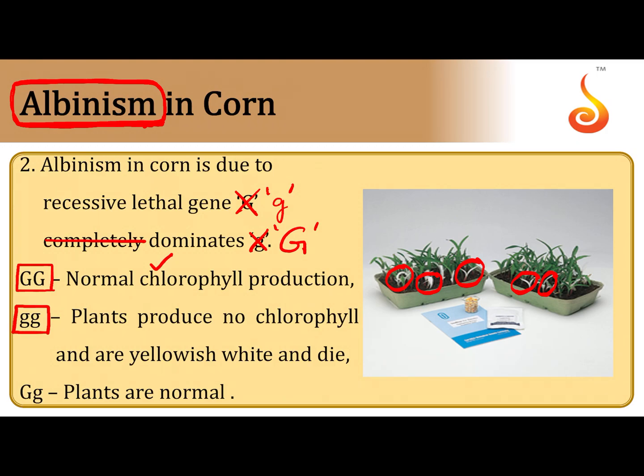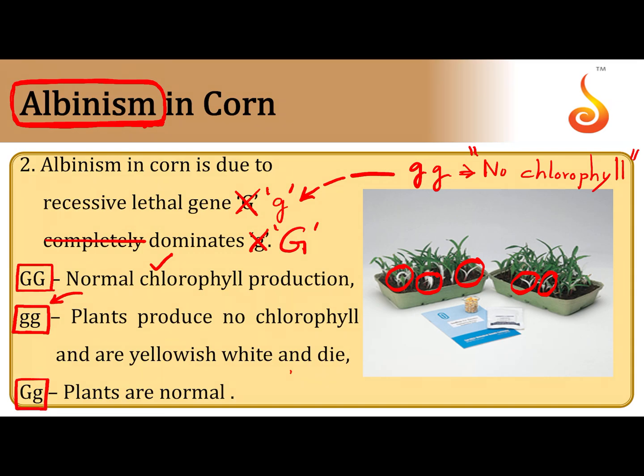If a plant has 2 copies of small g, I told you the lethal gene is small g, there will be no chlorophyll produced in this plant. And you can imagine a plant cannot survive without chlorophyll. So this is the lethal condition here, small g, small g.